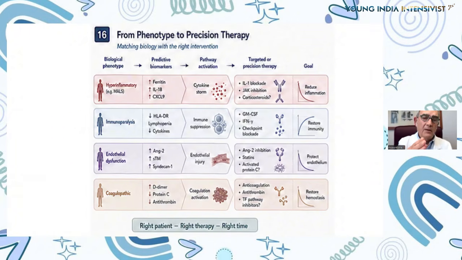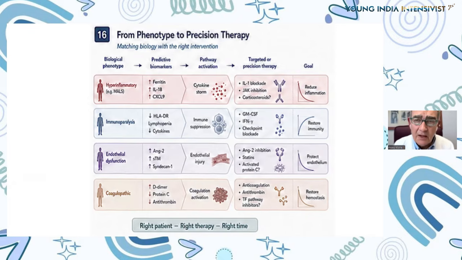If we look at the MALS, the hyperinflammatory states, we certainly have mentioned a few times that the ferritin or interleukin 18 or the CXCL9 may represent the biomarkers that are often predictive of the development or the occurrence of this syndrome. And we know that the pathway activation, this is quite common to different states, activates the cytokine storm.